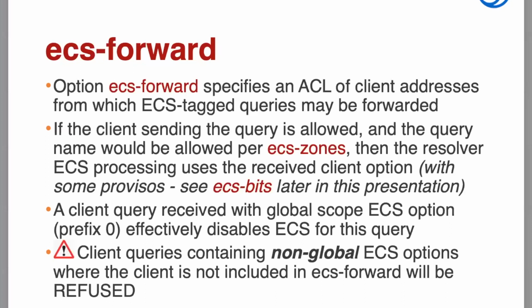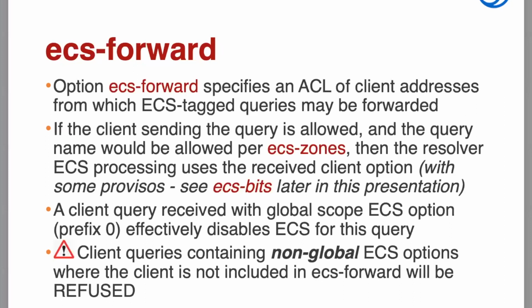However, there is now a gotcha. Once you have started to do ECS on your server, if you have no ECS forward configured, that means you are not allowing any clients to put their own ECS options on the queries that they send to you. So you're saying, I'm doing ECS, I'm responsible for it. If you put ECS options on your queries to me, I'm not going to accept them.